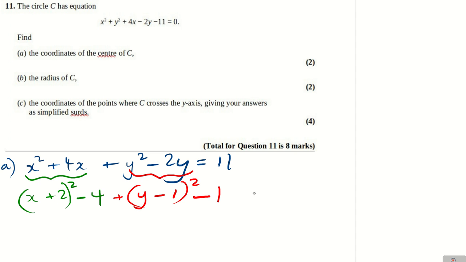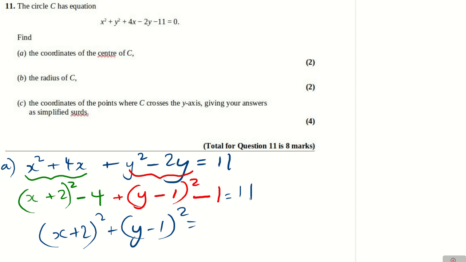And that equals 11. I've then got x plus 2 squared plus y minus 1 squared equals 11 plus 1 plus 4, which I think is 16, which of course is 4 squared.